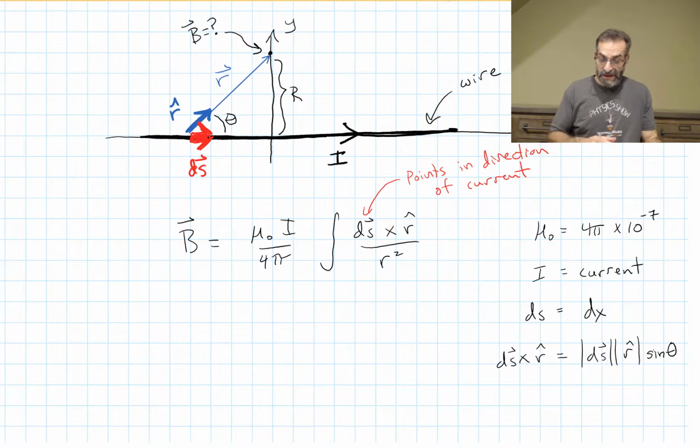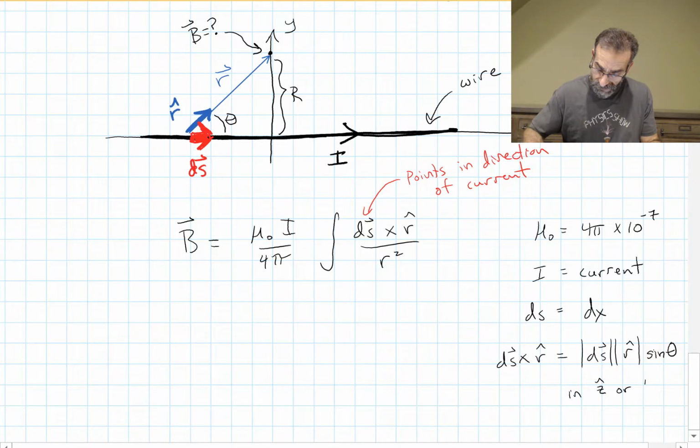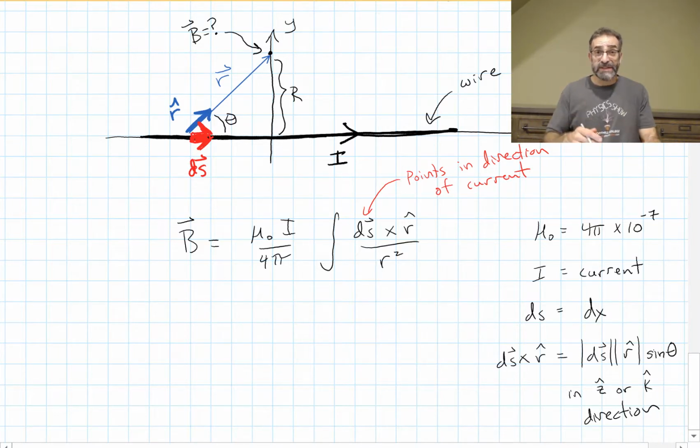So ds points in the x direction, and r points sort of up and to the right. So when I do the cross product, I get a vector that points out of the page. Or in this case, if I use my x, y, z coordinate system, it points in the z direction. So that's the z hat or k hat direction if you like i, j, k instead of x, y, z for your unit vectors.